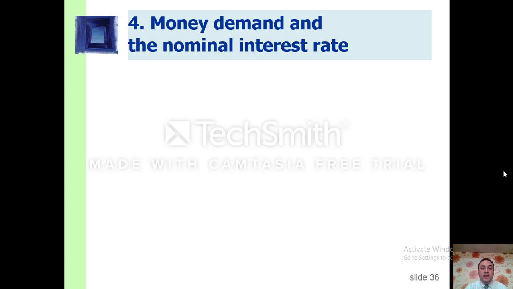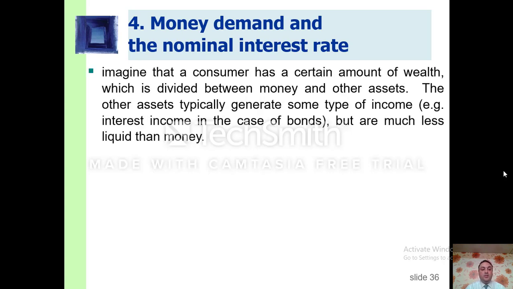Now let's move to the money demand and the nominal interest rate. The money demand. Imagine that a consumer has a certain amount of wealth, which is divided between money and other assets. You have liquid money and you have other assets like bonds and so on. The other assets typically generate some type of income, like interest income in the case of bonds, but are much less liquid than money.